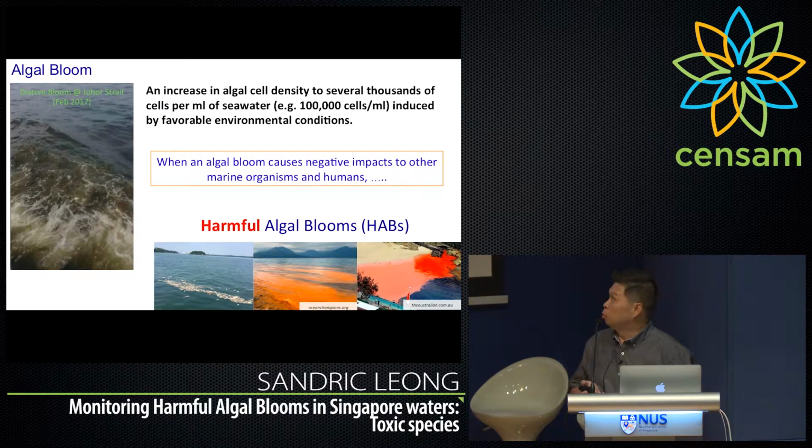When the blooms cause negative impact or harmful consequences to marine organisms and to humans, it is termed harmful algal blooms. As you can see, some cause discoloration, some kill fishes, and some impact other organisms like shellfish.